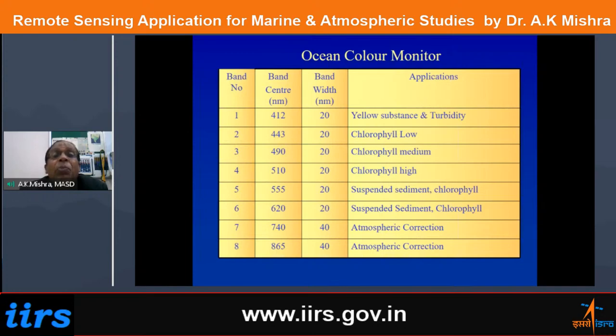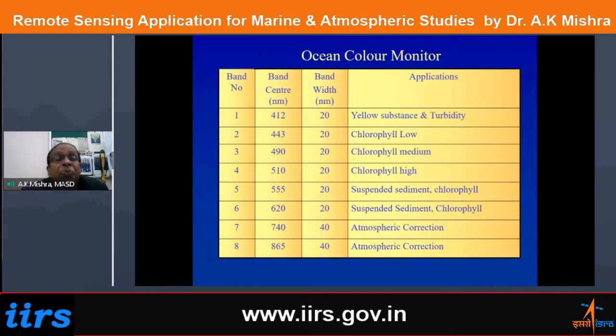I am providing you information about the Ocean Color Monitor, which is present in OceanSat 1 and OceanSat 2. In future, OceanSat 3 will also come. The bands in OceanSat 1 and 2 are almost the same, with a little bit of variation, and OceanSat 3 will have some additional sensors.